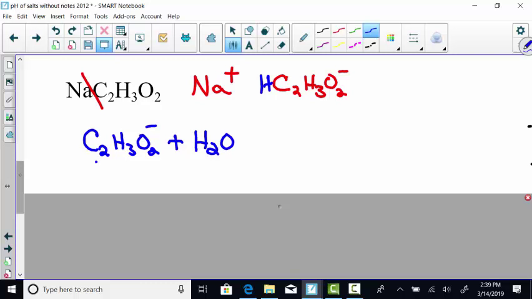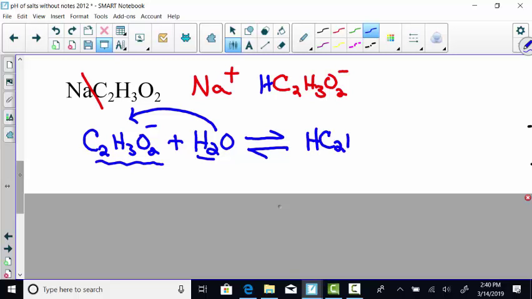So essentially this compound right here has a stronger attraction for the hydrogen than the oxygen in it does. So it basically rips off a hydrogen and becomes HC2H3O2 plus OH minus. So we're a basic solution.